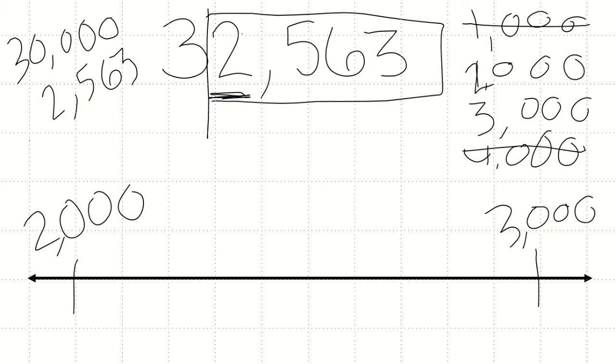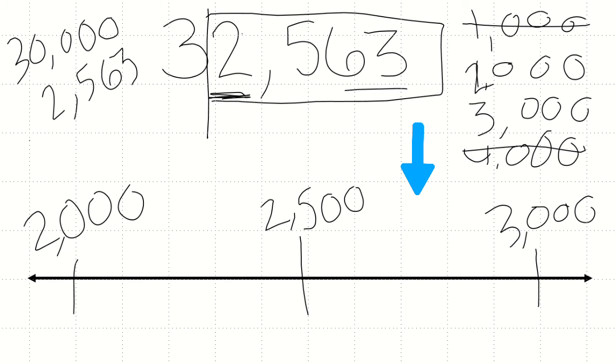And then, of course, we need to put in our halfway point, which we know has a 5. So in this case, we are at 2,500 because 500 is half of 1,000. So now we need to figure out where 2,563 would go. Well, I see the 2,500 here, and 63 more than that would put me on this side of the number line.